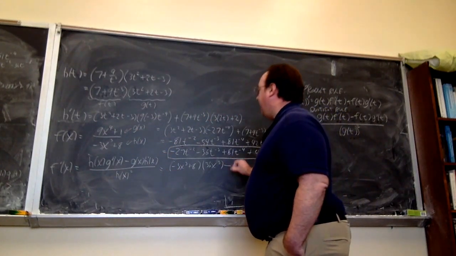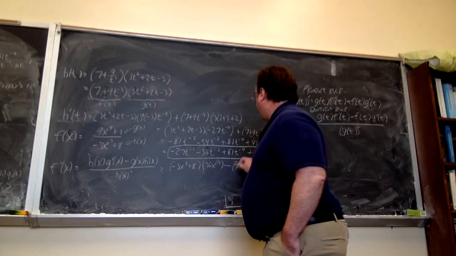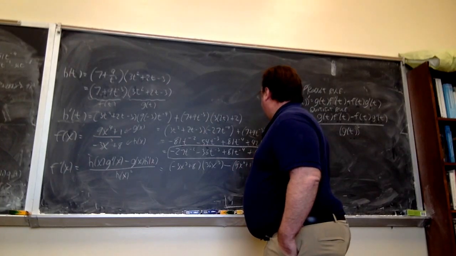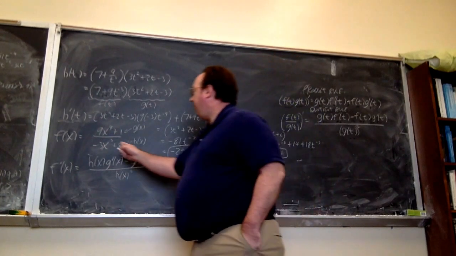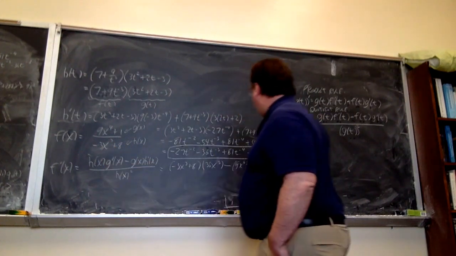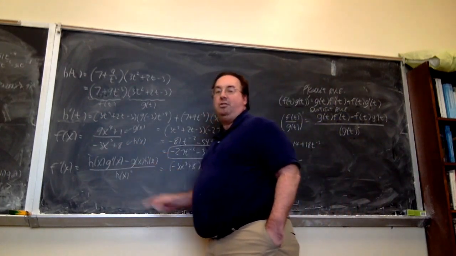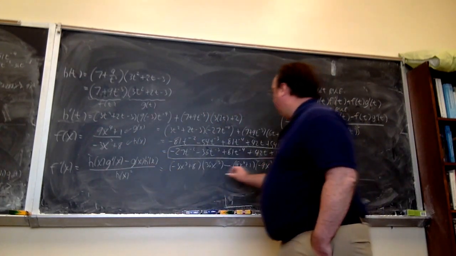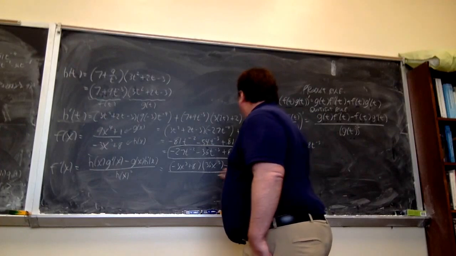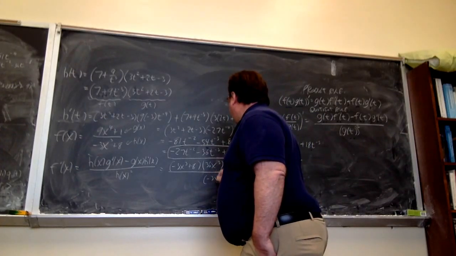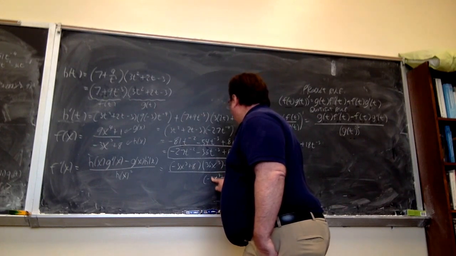And then minus the numerator, 9x to the 4th plus 1, times the derivative of the denominator. Well, that's going to be 3 times minus 3, which is minus 9x squared. And then the plus 8 doesn't contribute anything. All over the denominator squared, minus 3x cubed plus 8, squared.